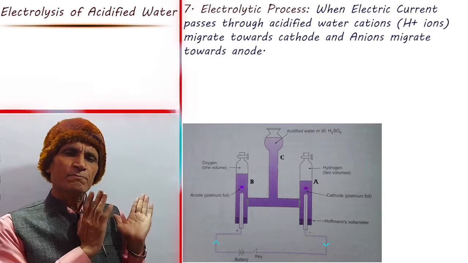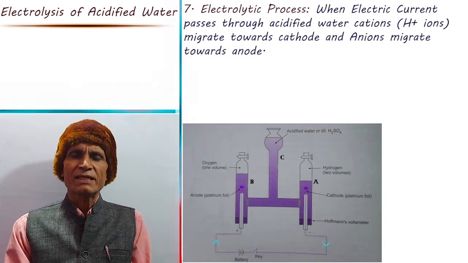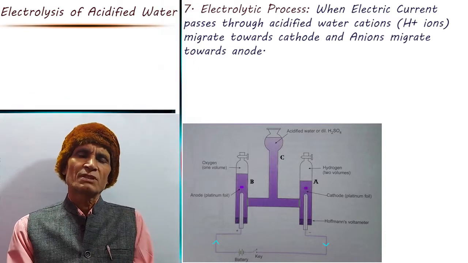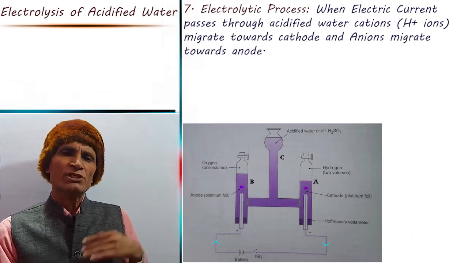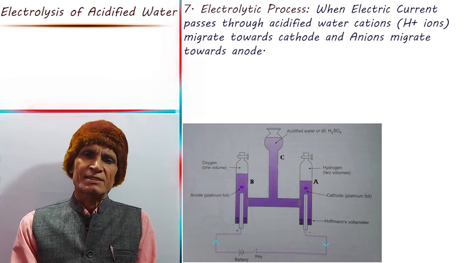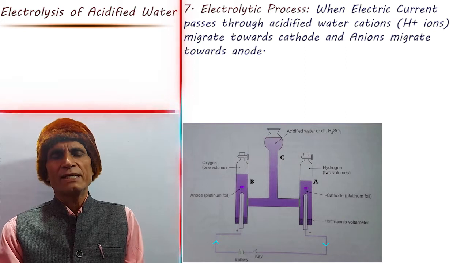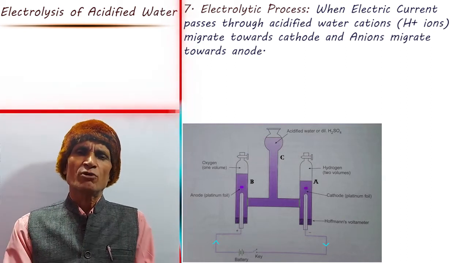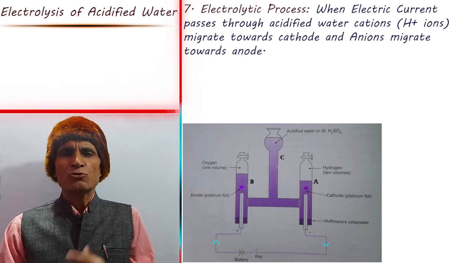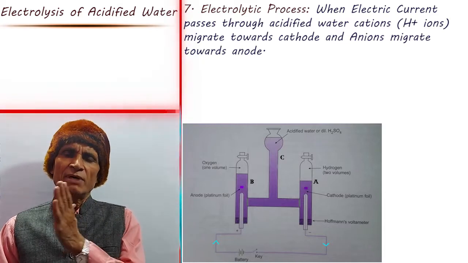When electric current passes through acidified water, cations, that is hydrogen ions, migrate towards cathode and anions migrate towards anode. Cations in the electrolyte are hydrogen ions only, and anions present in acidified water are sulfate ions and hydroxide ions. Then hydrogen ions migrate towards cathode and hydroxide ions and sulfate ions migrate towards anode.